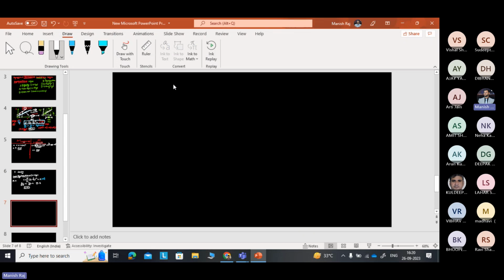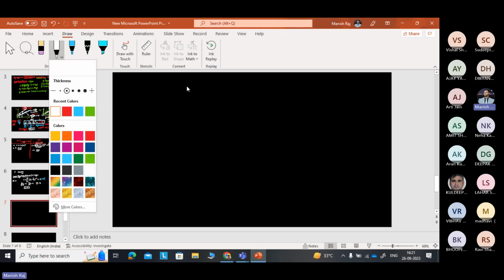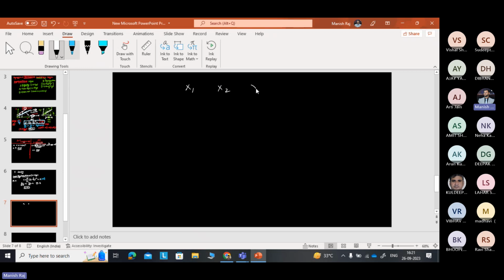You have some features, x1, x2, x3, x4, x5, and xn. So what will happen when you apply the L1 regularization? The coefficients will come.